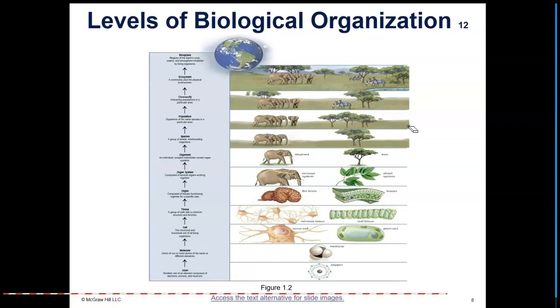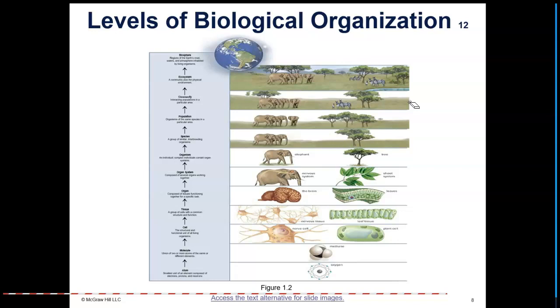And then when you take the community and its physical environment within a particular area, we call that an ecosystem. This ecosystem is called the savanna. We have ecosystems called deserts. We have ecosystems called tropical rainforest.